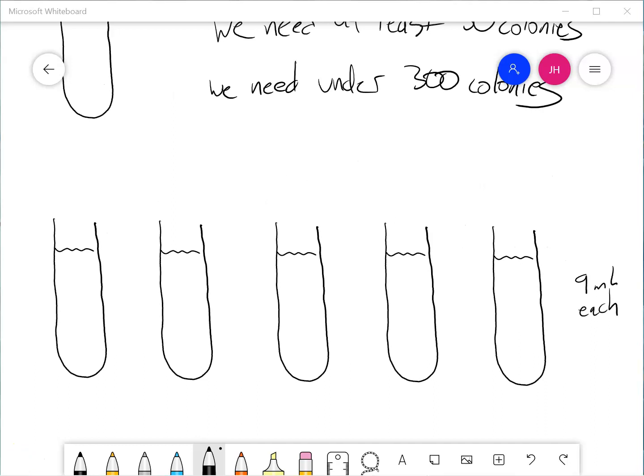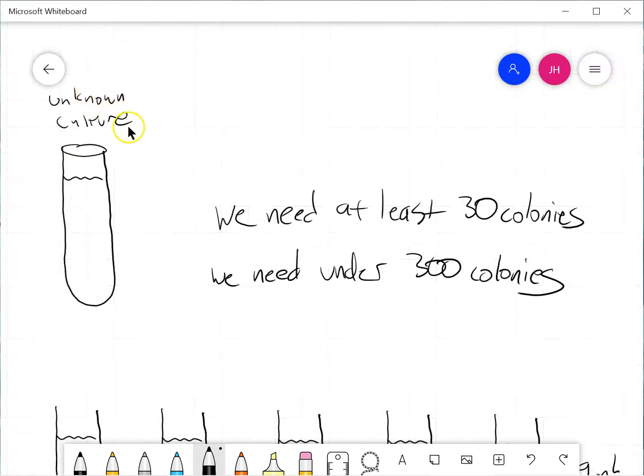So I've drawn 5 dilution tubes. Now each of these is full of some kind of sterile liquid that I can use to dilute my original sample. And let's call the original sample our unknown.